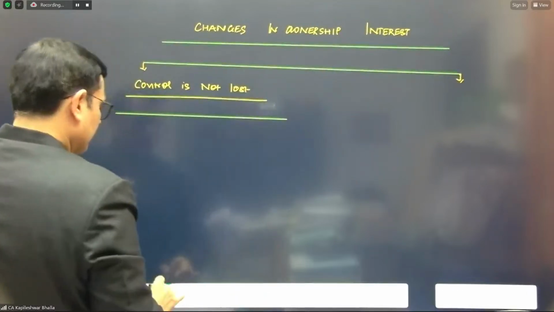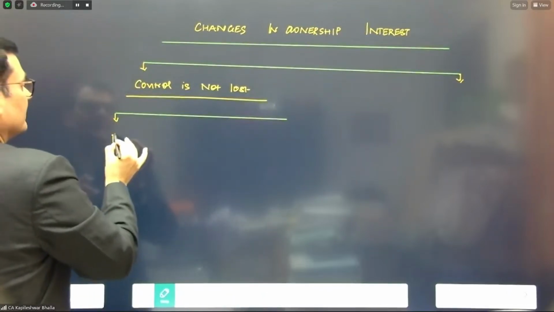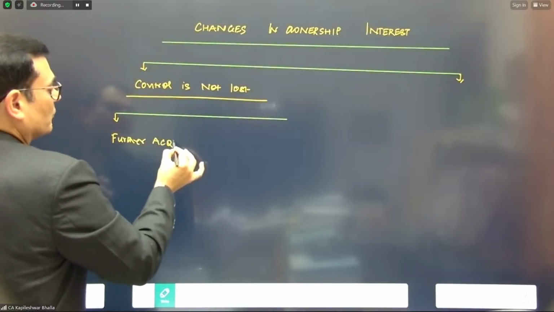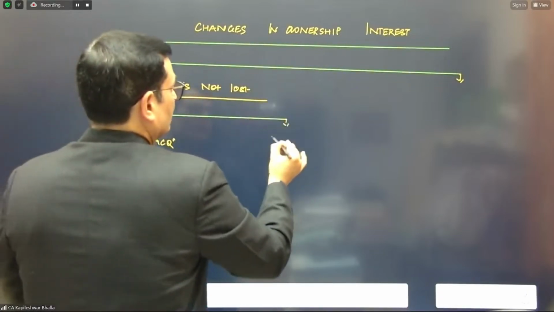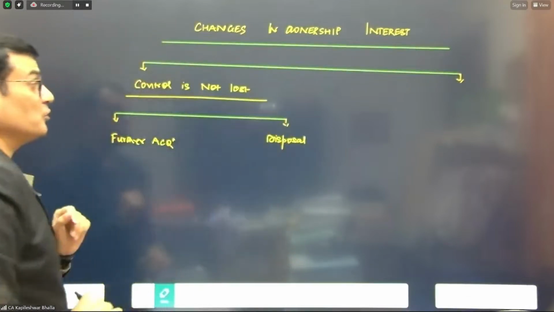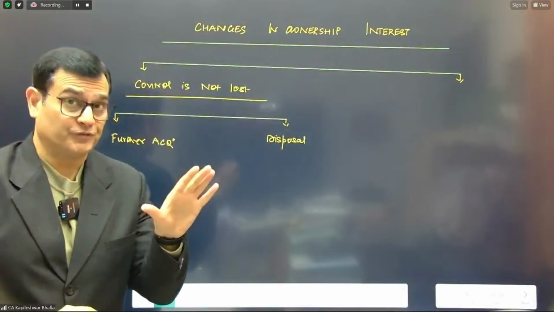It could be a further acquisition, or it could be a disposal, but even after the disposal, the control continues.